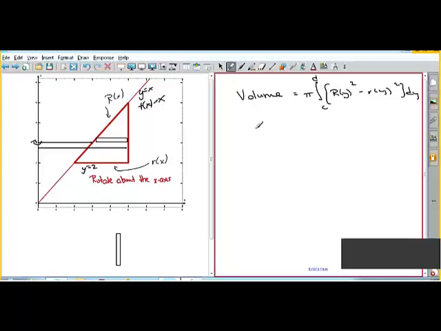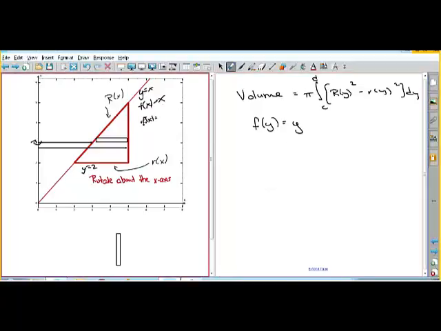The original equation was y equals x. The appropriate function the other way around is you solve for x. F of y is x, just like f of x is y. So f of y equals y, since over here f of x equals x.